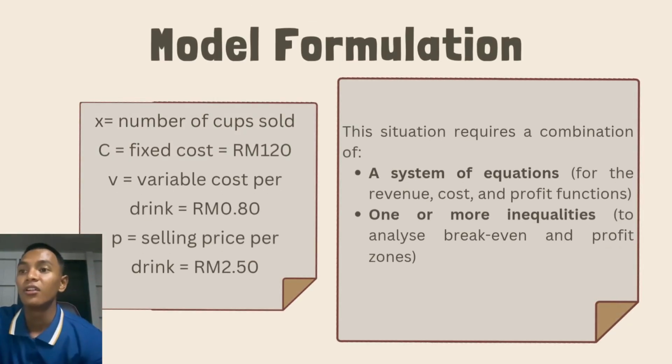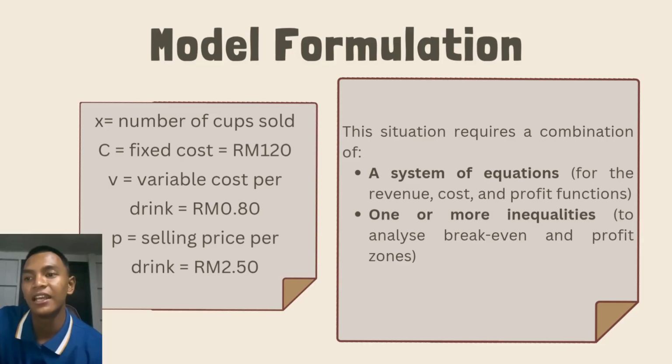For model formulation, x is the number of cups sold and C is the fixed cost, which is RM120. V is the variable cost per drink, which is 80 cents, and P is the selling price per drink, which is RM2.50.